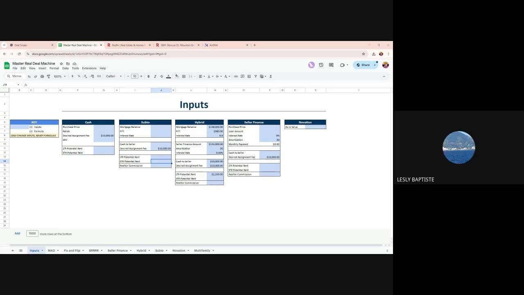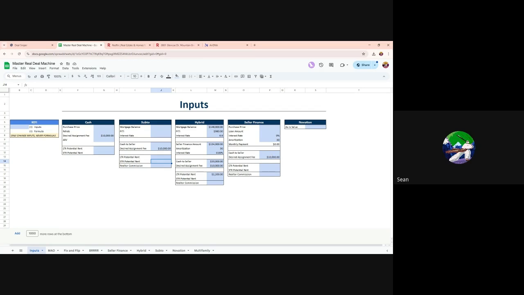Leslie, what's up? I was playing with some numbers, and I have a question for you. Sure. Can I play with the entry fee numbers, like the amount I pay to the sellers, to get the entry fee to be a little lower to make it attractive to the buyer?